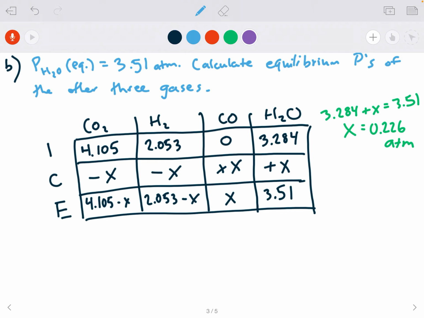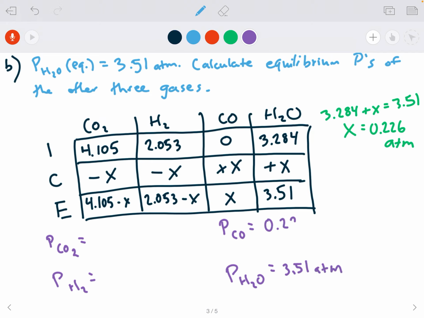So then at equilibrium, the pressure of CO2, pressure of H2, pressure of CO, and pressure of H2O. So H2O we know is 3.51. CO, it's just equal to X, so 0.226.